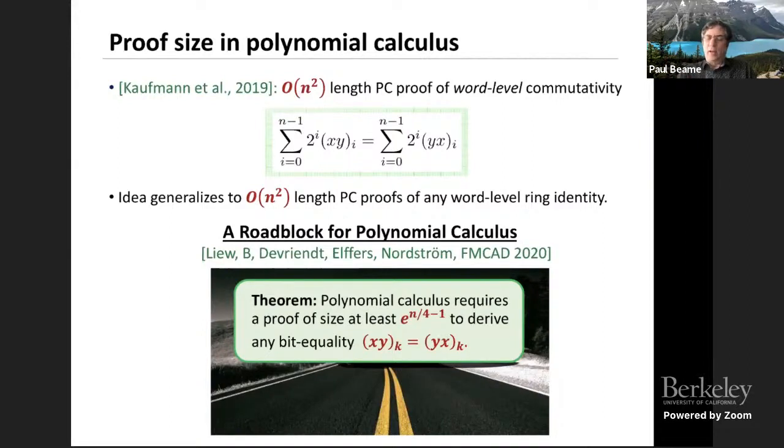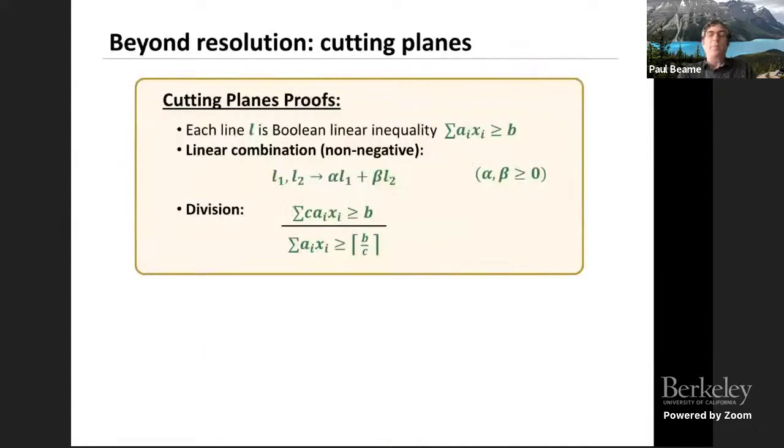So that is one of the things we're already starting to look at: cutting planes proofs. In cutting planes, you have linear inequalities where the coefficients are integers. In general, they can be arbitrary integer variables, xi, but we're going to think about them just as Boolean variables. So we have non-negative linear integer combinations.